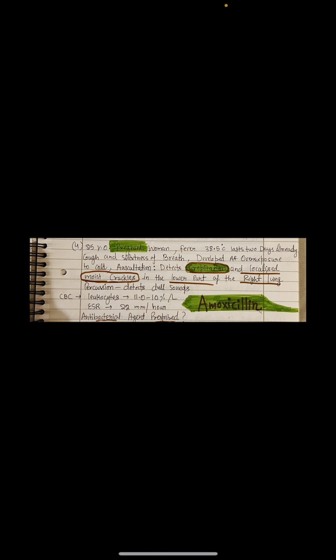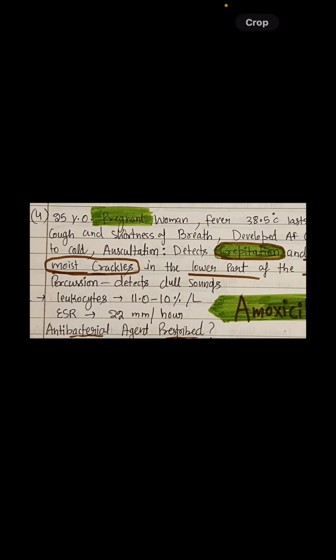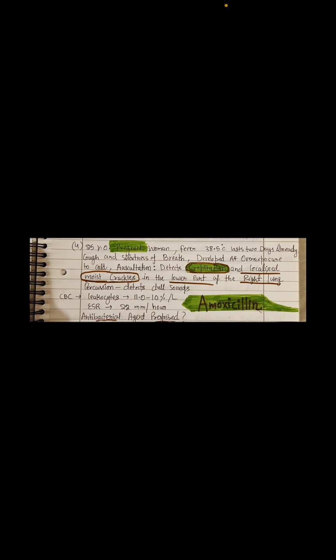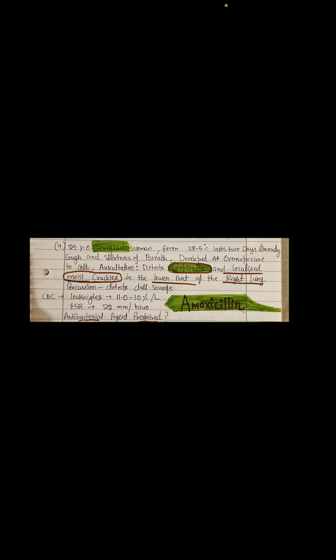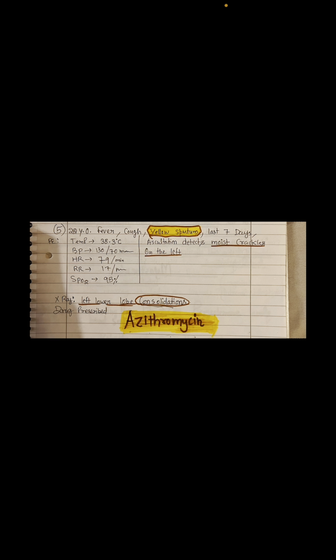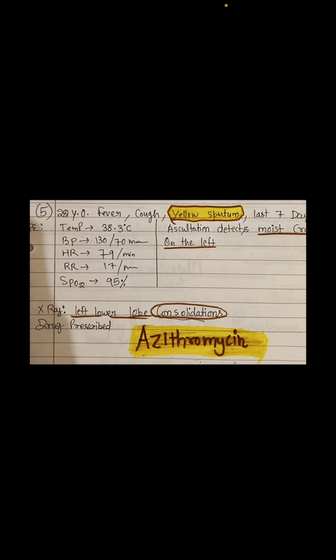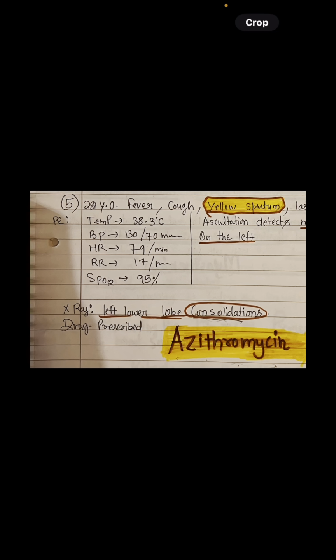For a pregnant woman, prefer amoxicillin. Pregnant woman, the rest of the things are the same: crepitation, moist crackles. Rest of the things you can pause the video and read the question carefully. So for a pregnant woman having pneumonia, we will prescribe amoxicillin. Another profile is there where amoxicillin was not given in the question.